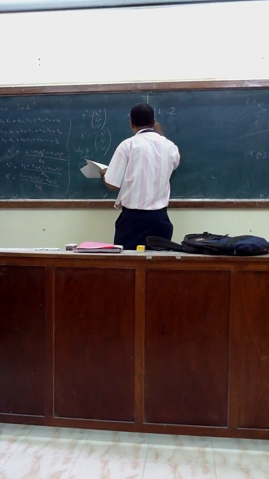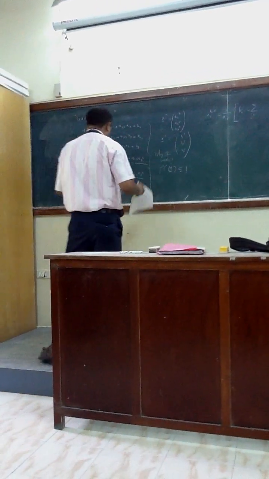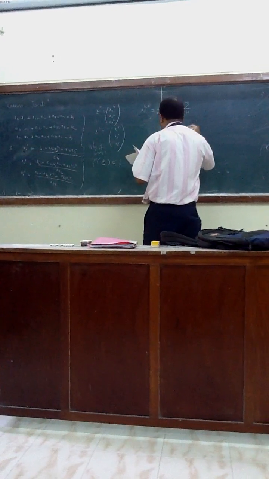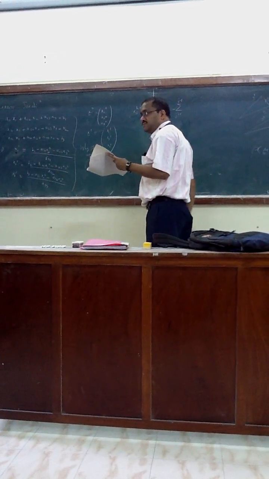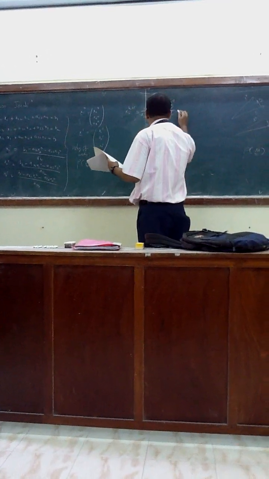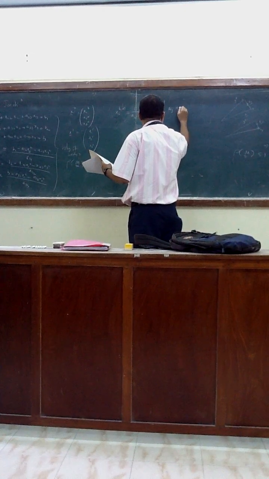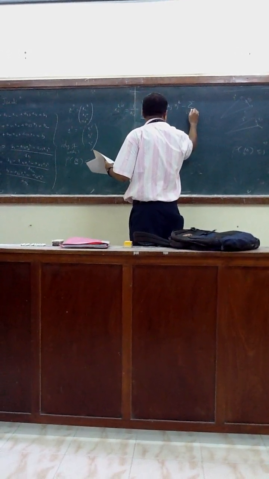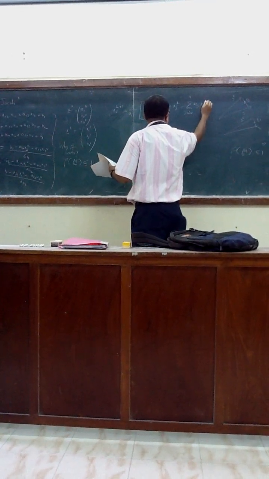If you put k, gone, k is already there. j equals 1 to i minus 1, a_ij x_j^k, minus summation j equals i plus 1 to n a_ij x_j^k.